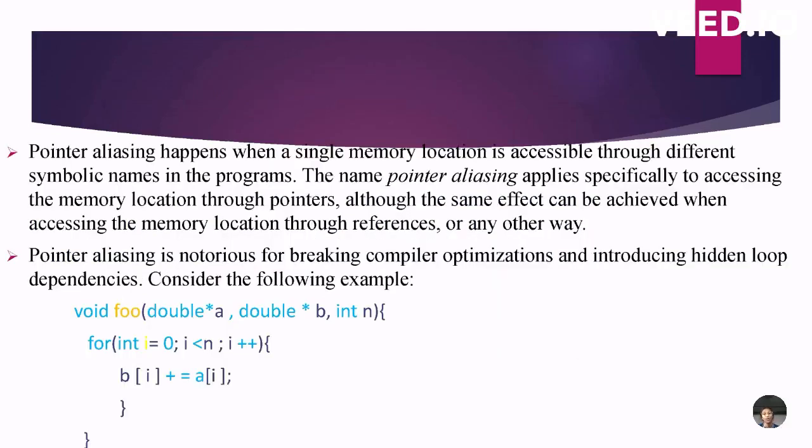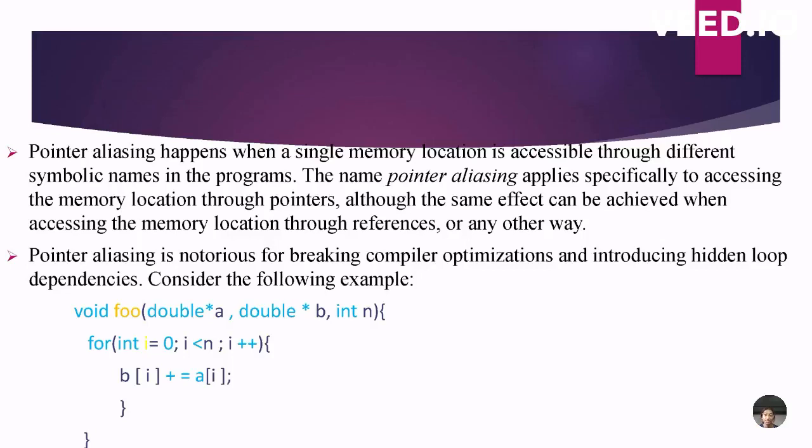Next, pointer aliasing happens when a single memory location is accessible through different symbolic names in the program. The name pointer alias applies specially to accessing the memory location through pointers, although the same effect can be achieved when accessing the memory location through references or any other way.